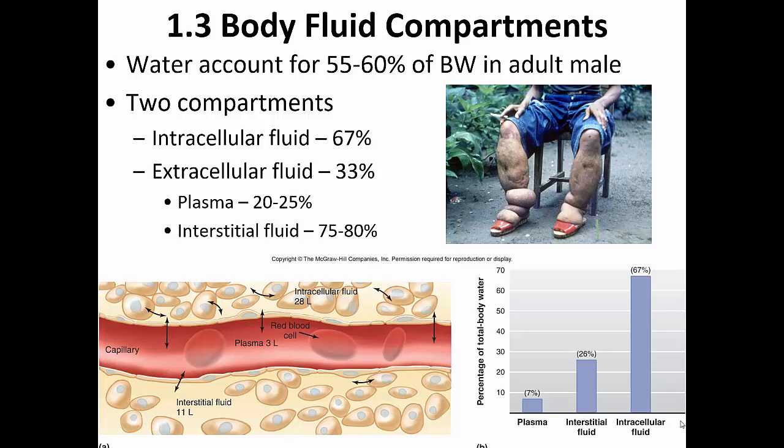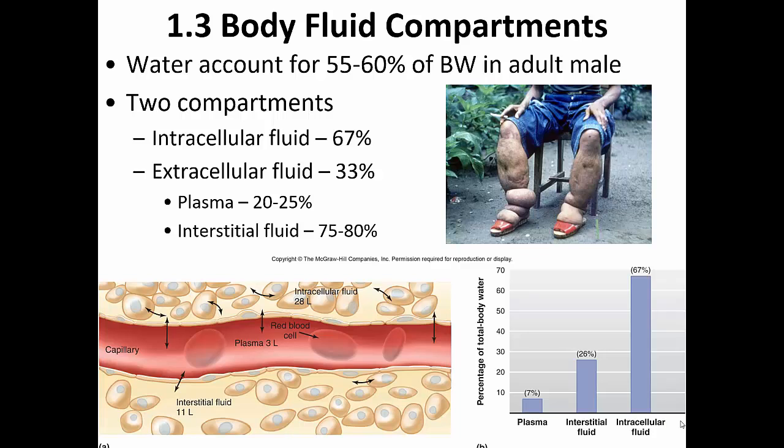20 to 25% of the extracellular fluid is plasma, which may be surprising. This, of course, comprises your blood. The majority of it, 75 to 80% of the extracellular fluid, makes up the interstitial fluid of the body.